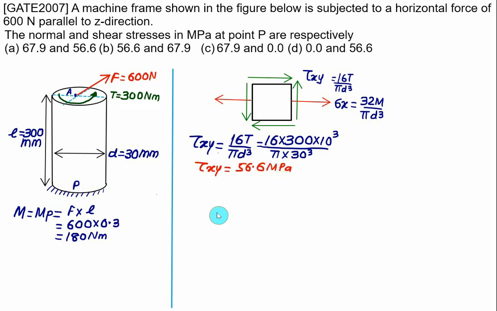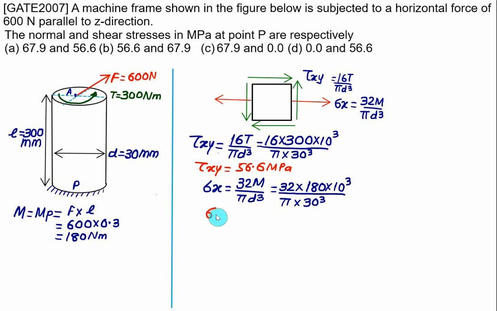Similarly, the normal stress is given by sigma x, and the value of sigma x is equal to 32 times M by pi d cube. That is, we have 32 times the bending moment M, which is 180, so we have 180 into 10 to the power 3, to convert meter into mm, divided by pi and diameter equal to 30, cube of it.